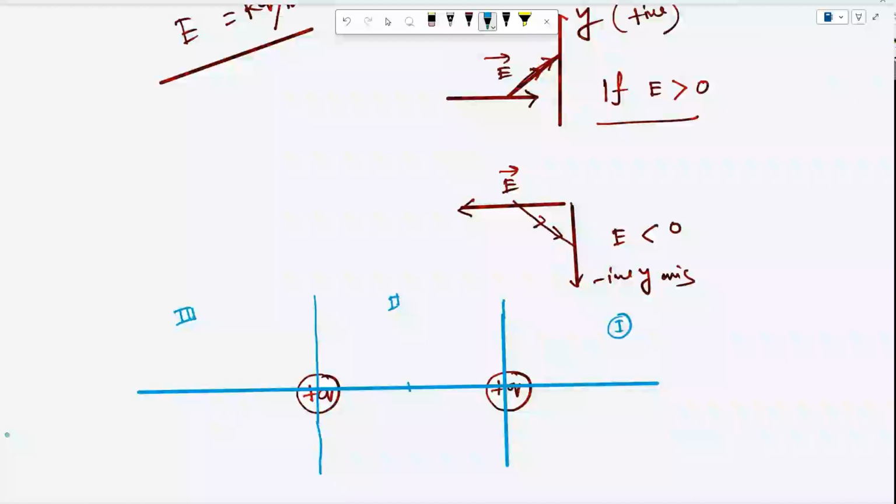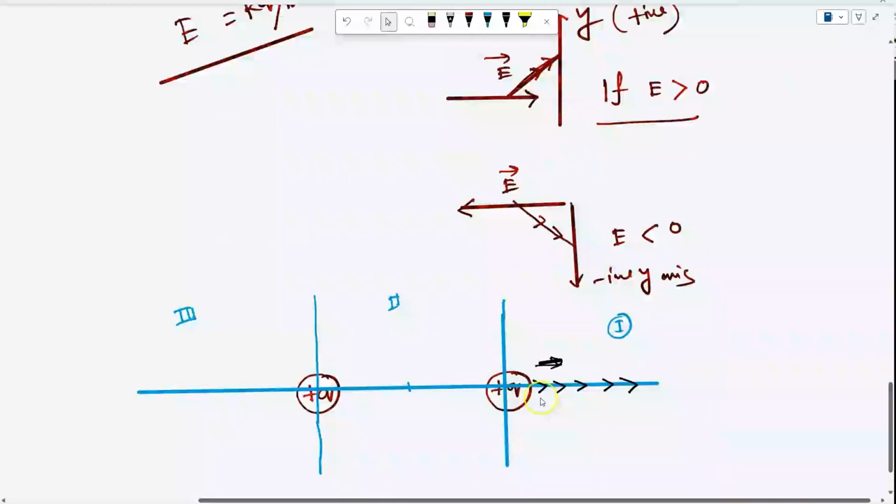First we consider this region. If we take this region, plus Q will exert force on a vanishingly small test charge towards right. Electric field will be towards right. This one also repels it towards right. So field will be directed towards right. Now the question arises, how can we expect a similar graph here?